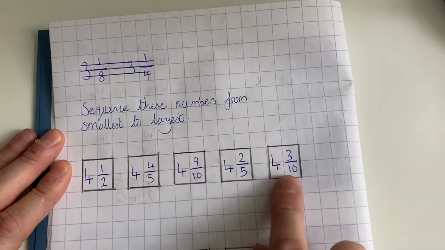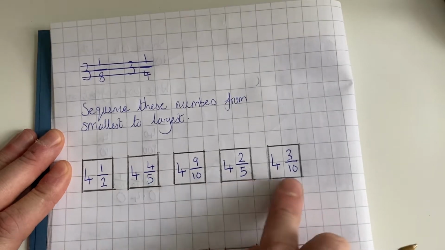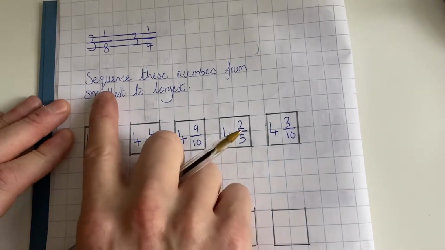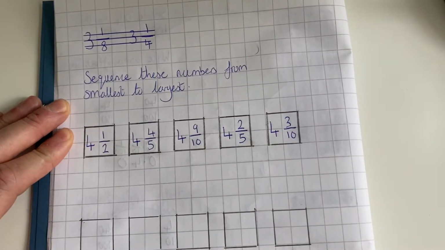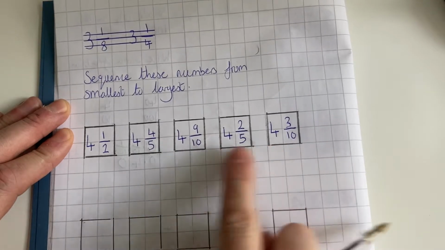Now if we look at these 5 different mixed numbers, the denominators on some of them are different. We've got 2, 5, 10, 5 and 10. Now to solve this question, it says sequence these numbers from smallest to largest. The easiest way to solve this question is by converting these denominators to be all the same.